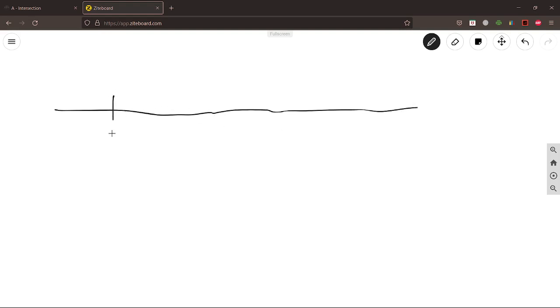So suppose I'm given this range L1 and R1 and L2 and R2. In these two ranges there is no intersection.